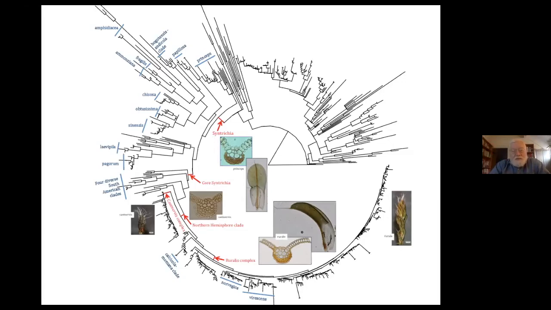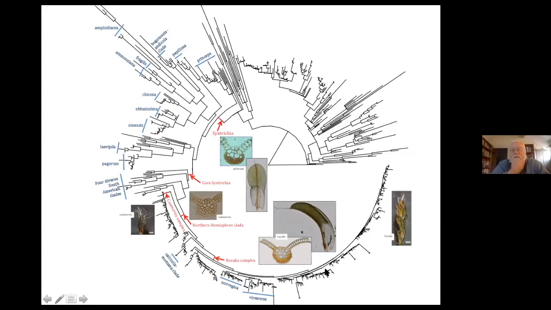It includes caninervis, which we've been talking about a lot, and it includes ruralis, which we've been talking about a lot, and a whole bunch of other potential segregates that have been pulled out. I mentioned norvegica, which is the alpine and subalpine one. It comes out as a little group, but it's nested inside of a bunch of things that are called ruralis.